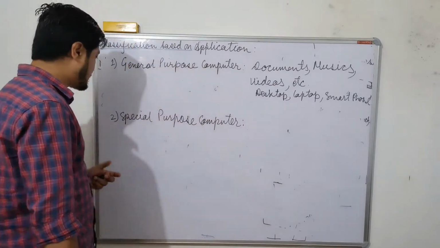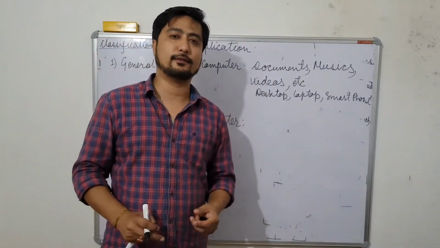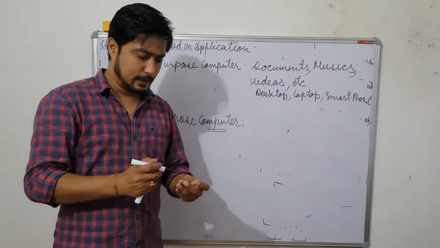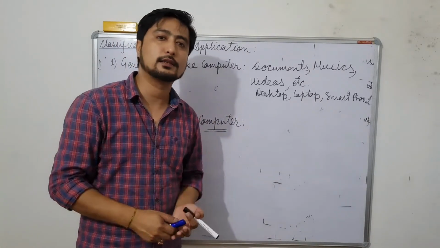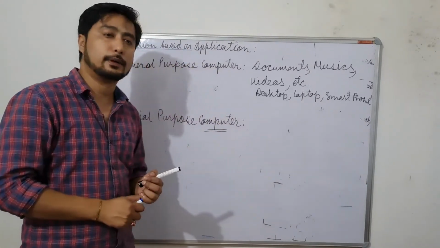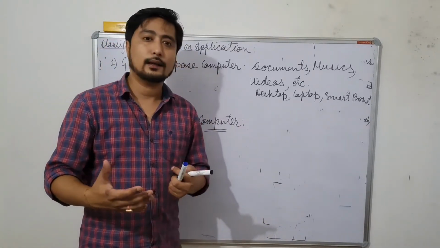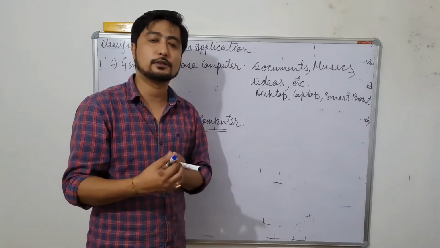Now next is special purpose computer. From the word itself, the computer that is made for a special purpose is known as special purpose computer. So what are the special jobs they do?